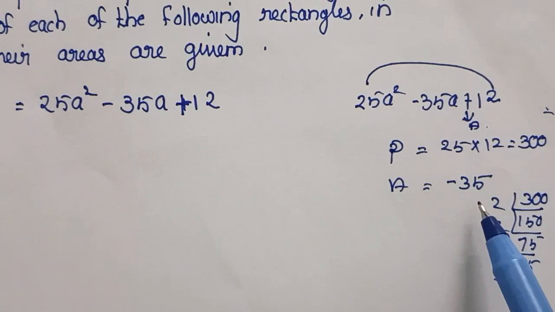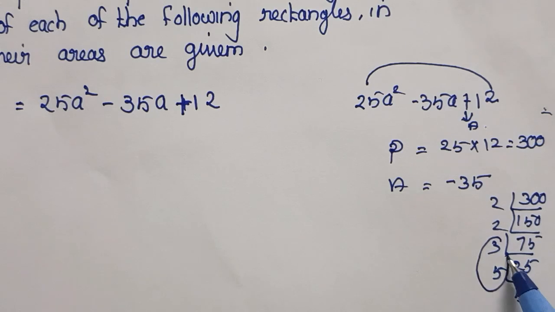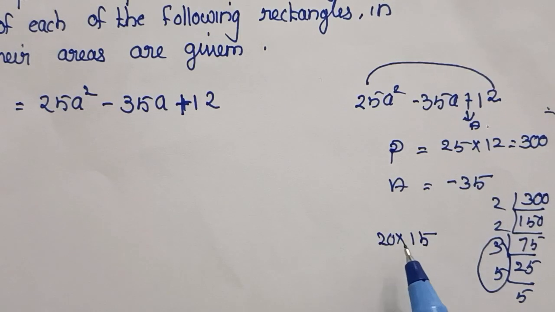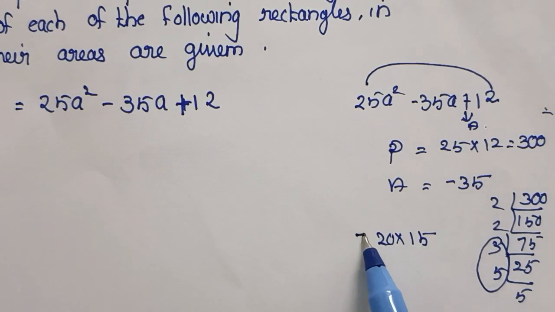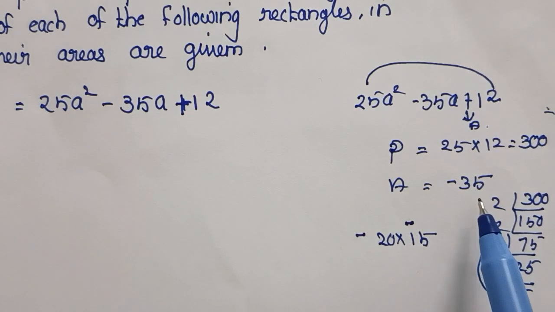We have to get 35. For that, we can take 15 into 20, 2 4s are... 4 5s are 20. Now 20 into 15 gives 300 and 20 plus 15 equal to 35. So the required numbers are minus 20 and minus 15, since we have to get minus 35.